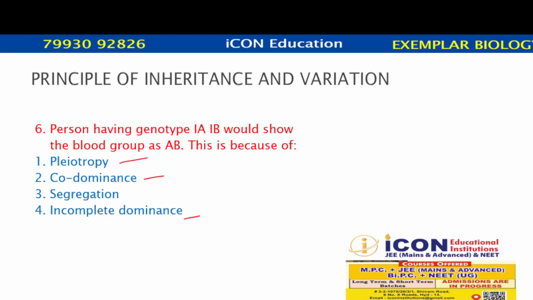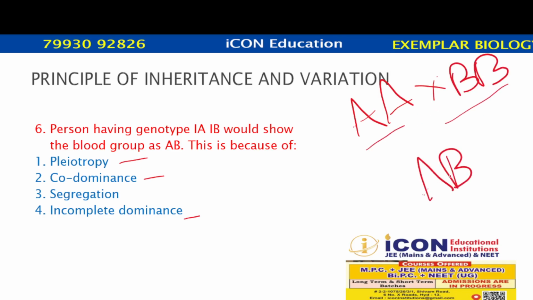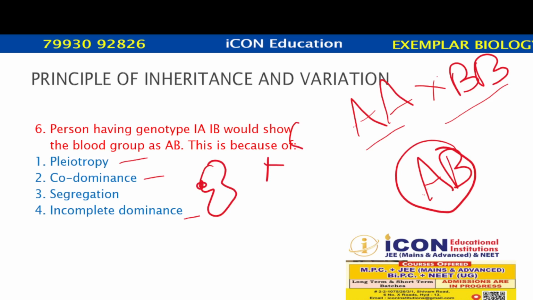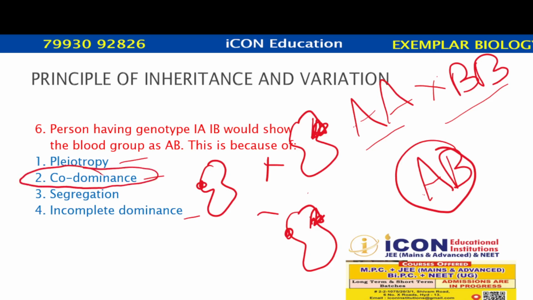A person with genotype IA-IB, that means a person with A blood group married a person with B blood group, we get both A and B. It can be explained like this: a person has A sugar polymer on the RBC, crossed with B sugar polymer on the RBC, the offspring will have both A sugar polymer and B sugar polymer. We call this feature codominance.